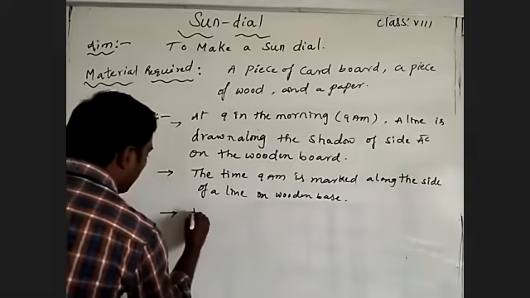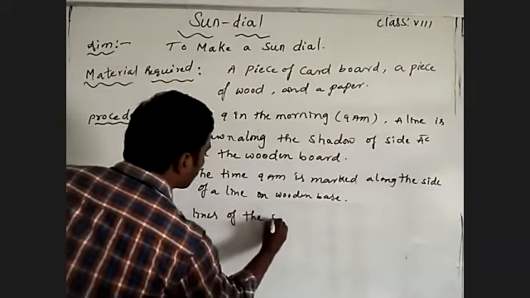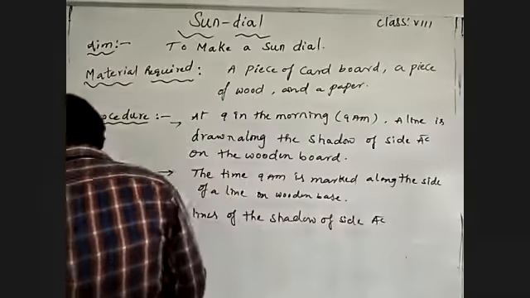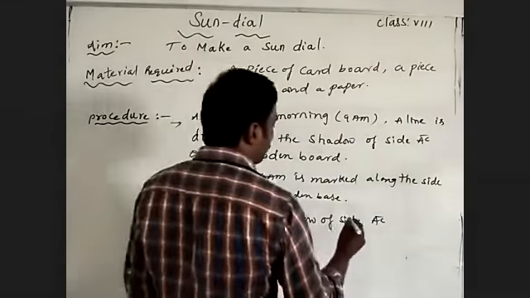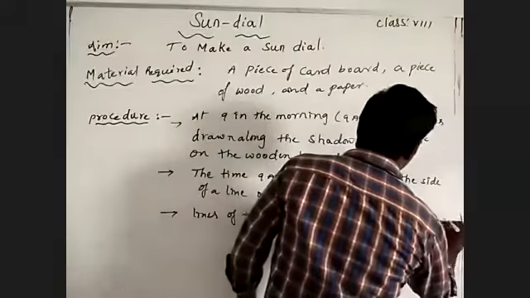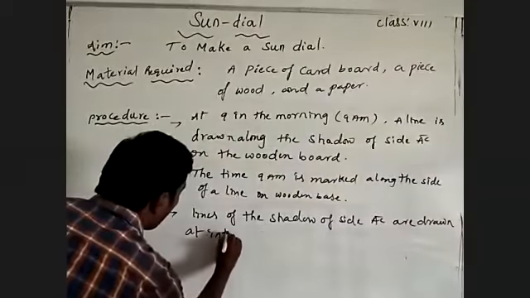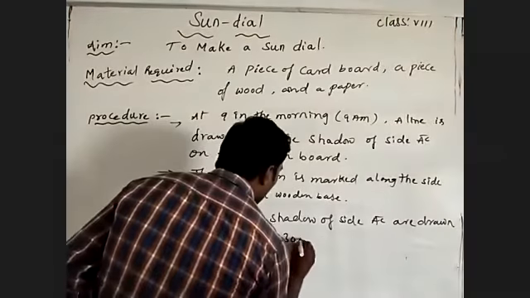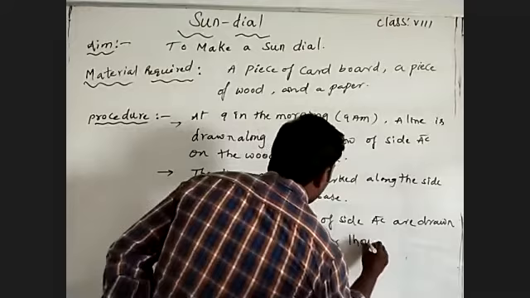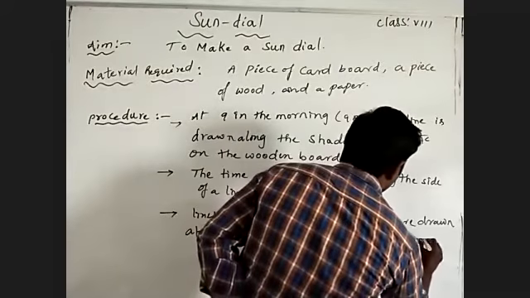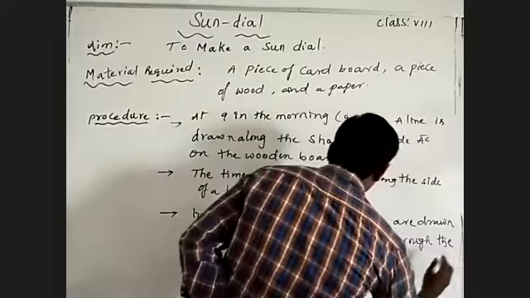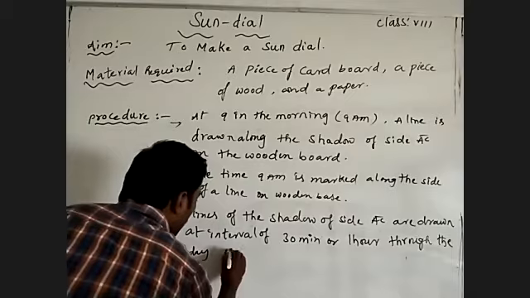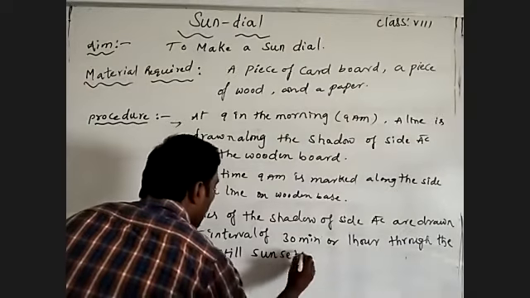Lines of the shadow of side AC are drawn at an interval of 1 hour, or otherwise 30 minutes or 1 hour, throughout the day till sunset.